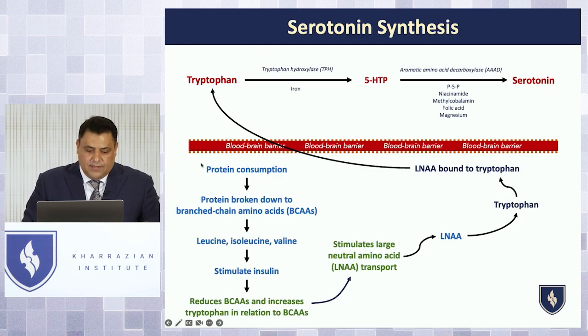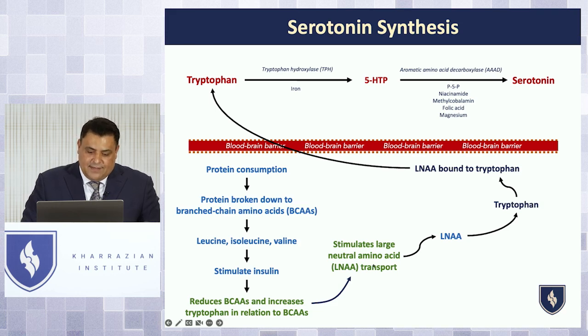And serotonin also involves protein consumption, breakdown of the protein into branched-chain amino acids, leucine, valine, isoleucine, which stimulates insulin. And this proper insulin response stimulates the large neutral amino acid transporter, LNAA, to carry tryptophan across the blood-brain barrier, where iron and folic acid and magnesium, methylcobalamin, B12 all convert it to serotonin.